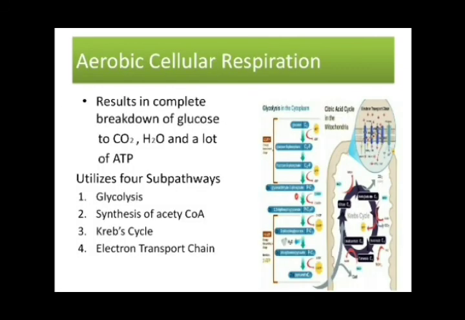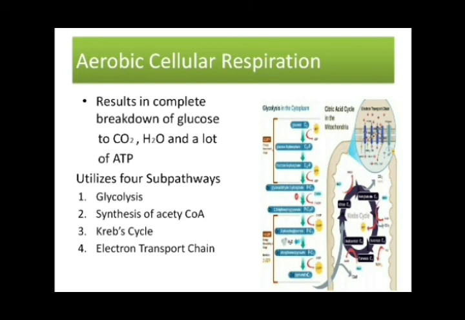Further, respiration has two types: aerobic respiration and anaerobic respiration. Aerobic respiration is the respiration in which the organism utilizes oxygen for the complete oxidation of food into carbon dioxide, water, and energy. It starts in the cytoplasm and gets completed inside the mitochondria.